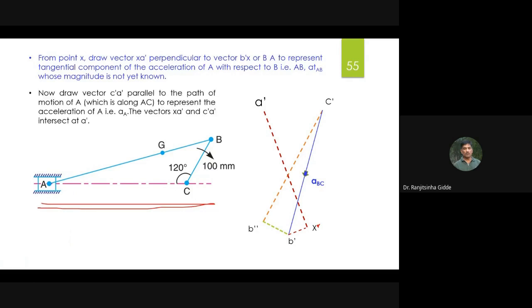Next line you can write: now draw vector C prime A prime parallel to the path of motion of A (in bracket, which is along AC, bracket complete) to represent the acceleration of A, that is small a suffix capital A.